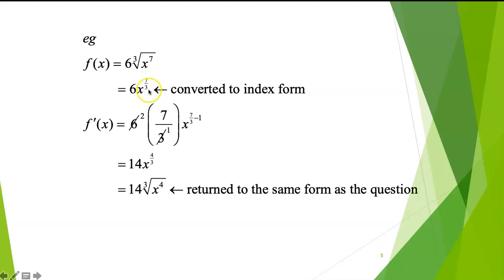Now I can differentiate. It's the same: 7 over 3 times 6, and then you can simplify over 6 and 3, and then take 1 from the power, and that gives me 4 over 3. So the answer is 14x to the power of 4 over 3. Rewriting it in surd format, the denominator will be the degree of the root, and the numerator will be the power for the inside of the root.